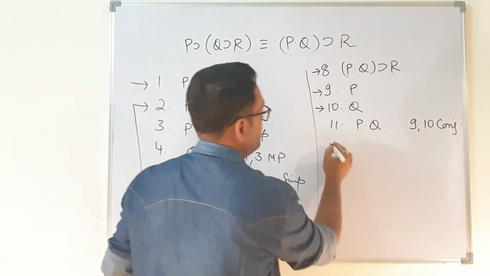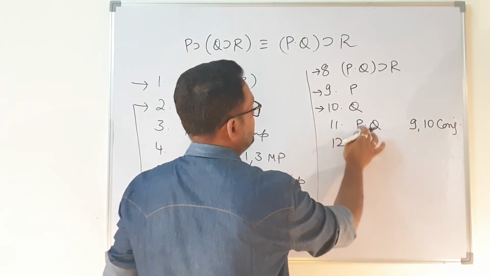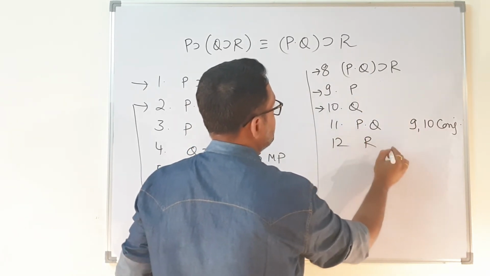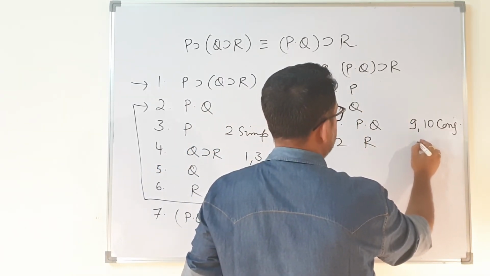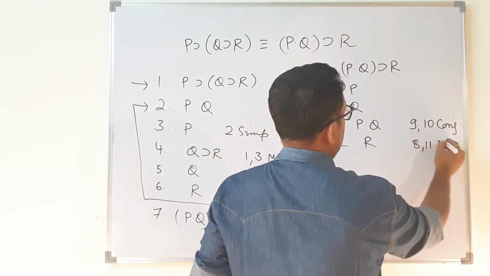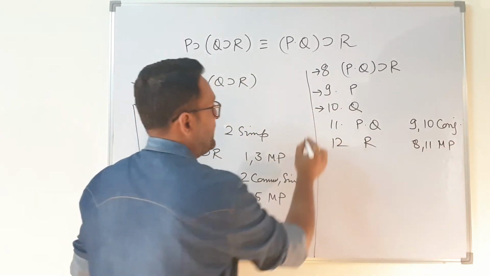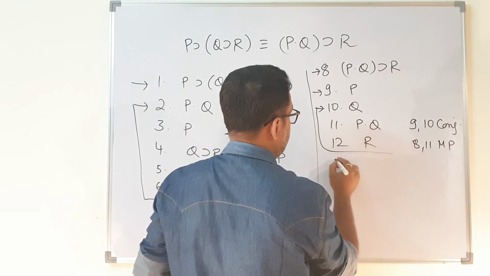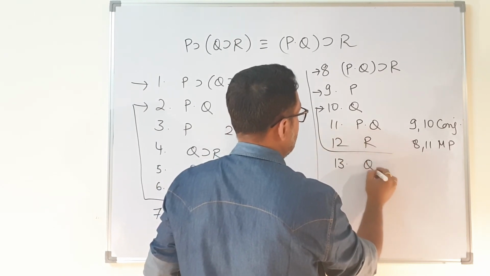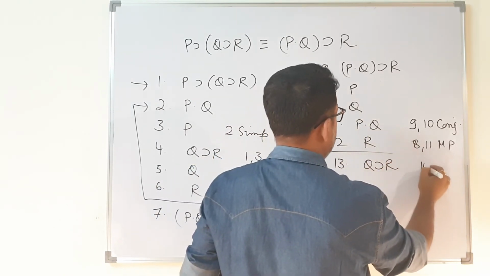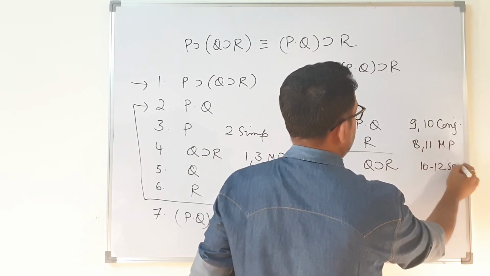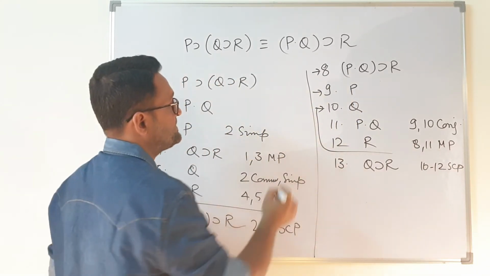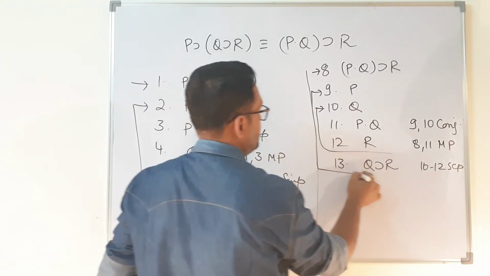So this is how I can do this. Then with this, I can get R. So this will be 8, 11 modus ponens, right? I can put the closure here on line number 13. Q implies R. This will be from 10 to 12 SCP. So I got Q implies R, and now I will put the closure here.